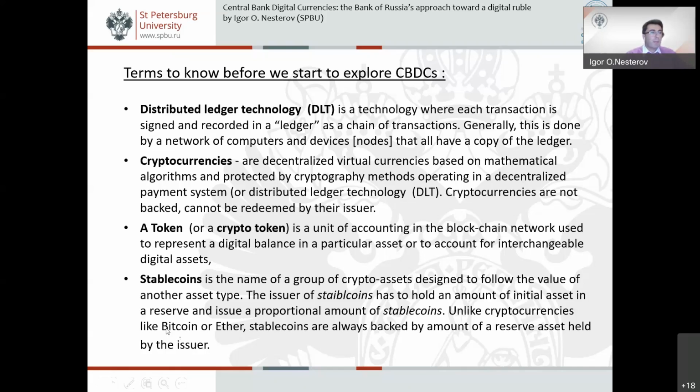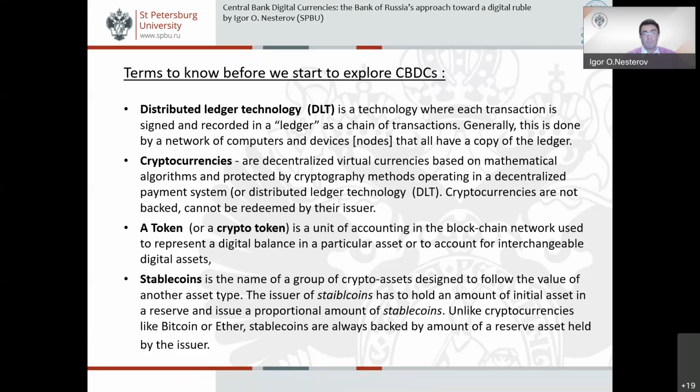Well, as defined by the Central Bank of Russia, cryptocurrencies are decentralized virtual currencies based on mathematical algorithms and protected by cryptography methods operating in a decentralized payment system based on just described distributed ledger technologies.